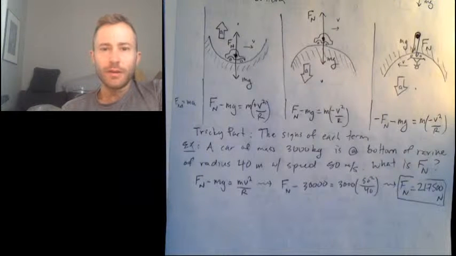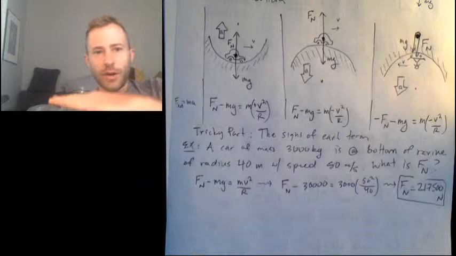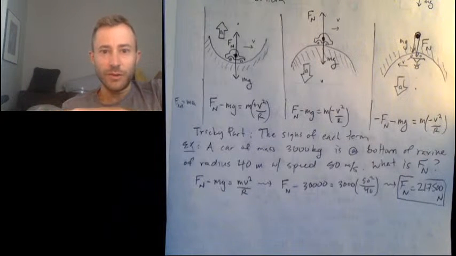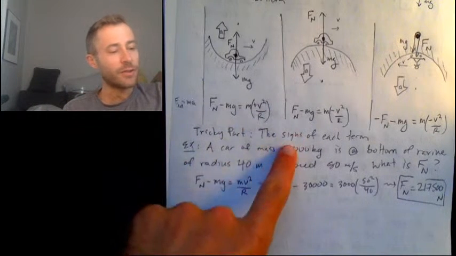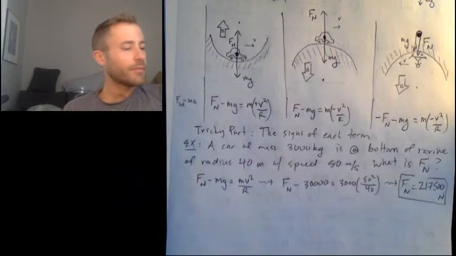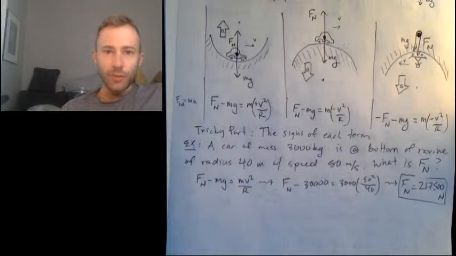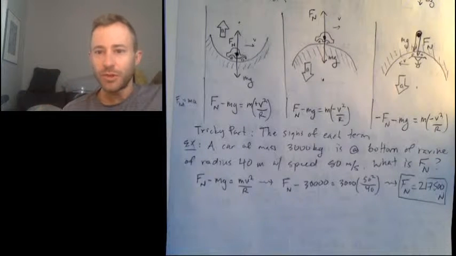So here's the thing. If you had a car that was just sitting on a flat surface and the car had a mass of 3,000 kilograms, its normal force would be 30,000 newtons. It would be mg, 30,000.